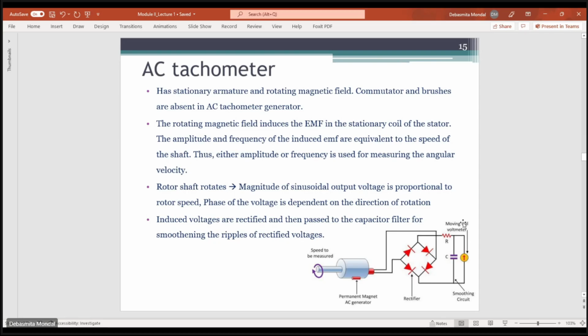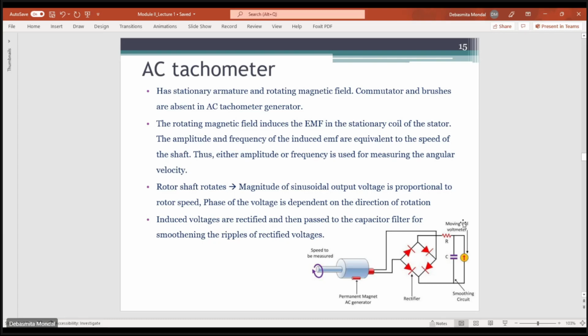Okay, so once that EMF is induced, the magnitude and the phase matter. In the previous case, we were more concerned about the polarity of the output signal and the magnitude of the induced EMF. Here, since we are dealing with an AC signal, we will be looking into the phase of the output voltage as well as the magnitude.